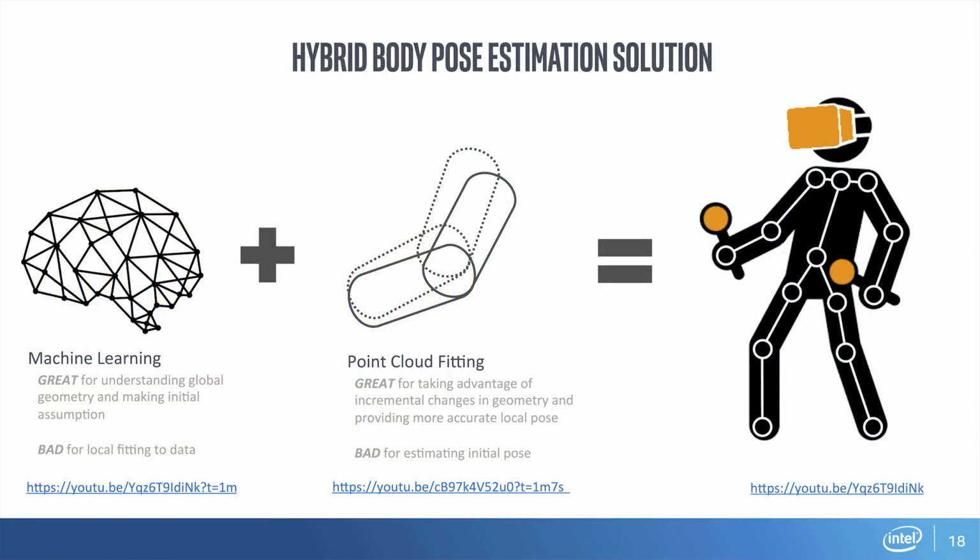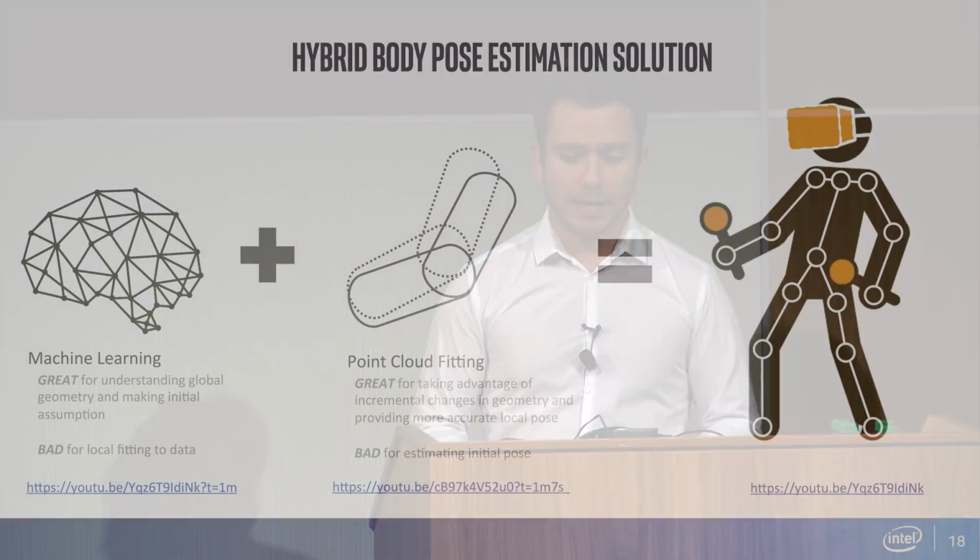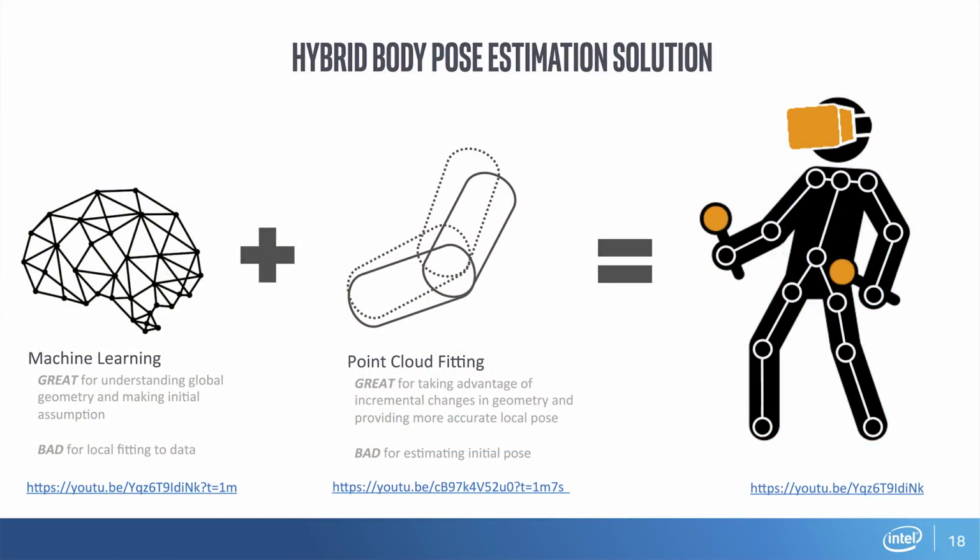So as I've mentioned, we'll be talking about machine learning in agreement with point cloud fitting to give us our skeleton tracking. But we're also going to exploit the HMD's position as well as the controllers. And this is what I meant by cheating. We effectively use prior knowledge from these known positions to give us very stable positions of the user and then constrain our learning problem.